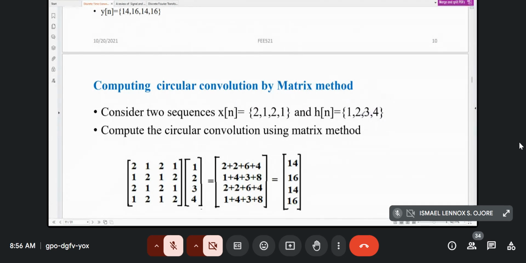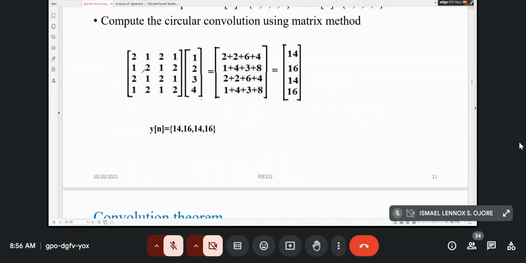I don't think it will make a difference which one. Let's take x of n, an n by n matrix, and that matrix starts with 2, 1, 2, 1, and then you shift.